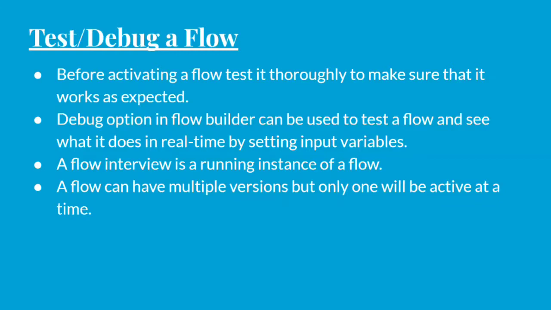It depends on you whether you want to activate the recent version or the previous version. Maybe you are making some changes while going through the process, so you have created different versions. It can definitely have different versions, but only one version will be active at a time.